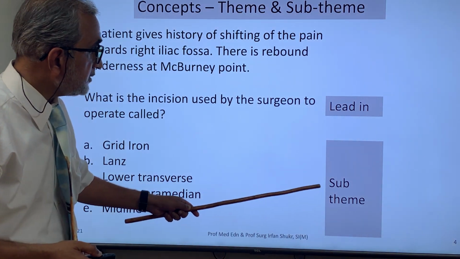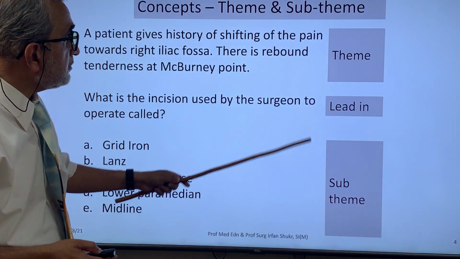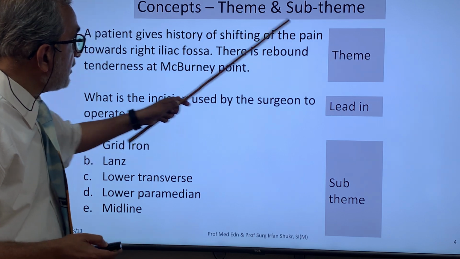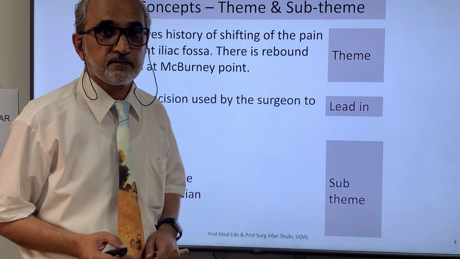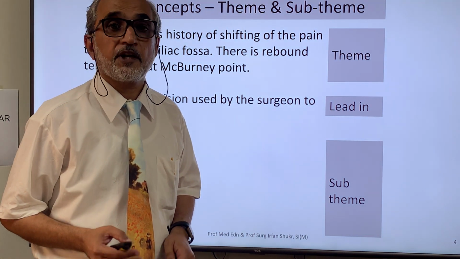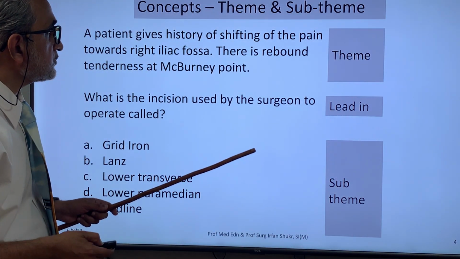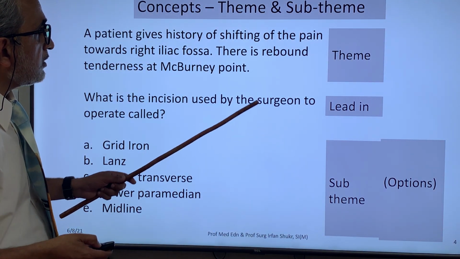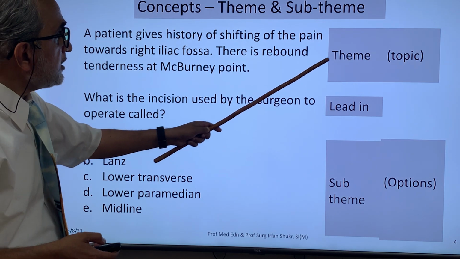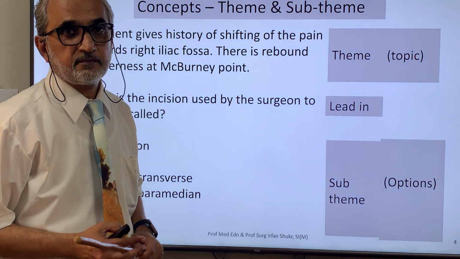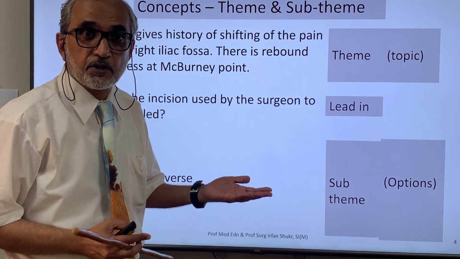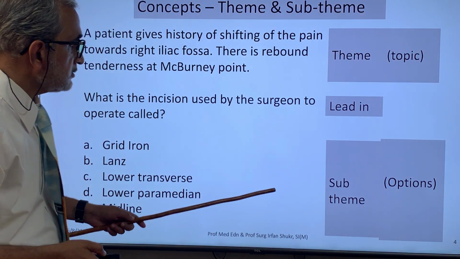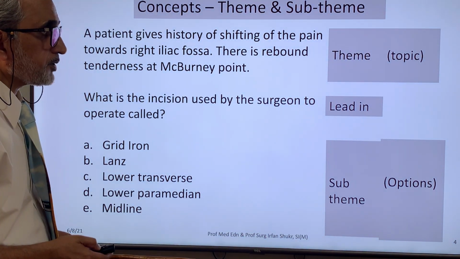It is a sub-theme, and this is a sub-theme of this theme, which is the information statement. Explaining it further, theme is topics. Theme is the topic if you think of it. And sub-theme is the option.